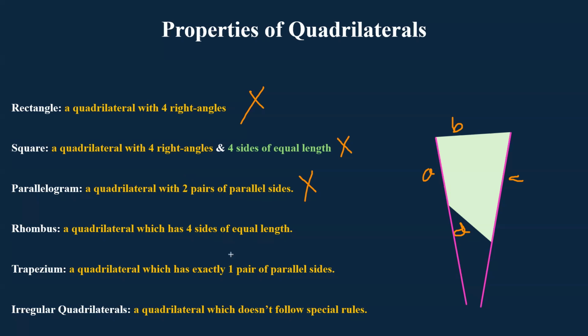So Ira, what does it mean about this shape? What can we now decide about this shape?